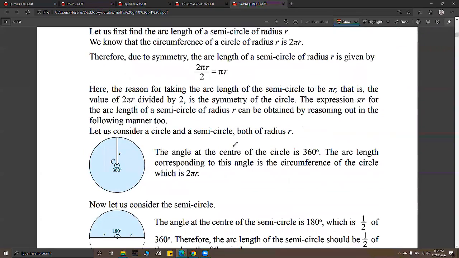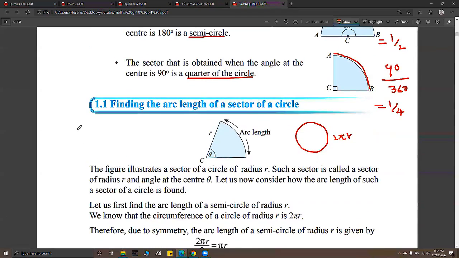So let's consider a quarter circle. What will be the length of this arc? Sorry, this is not the perimeter, this is just the length of the arc, right?